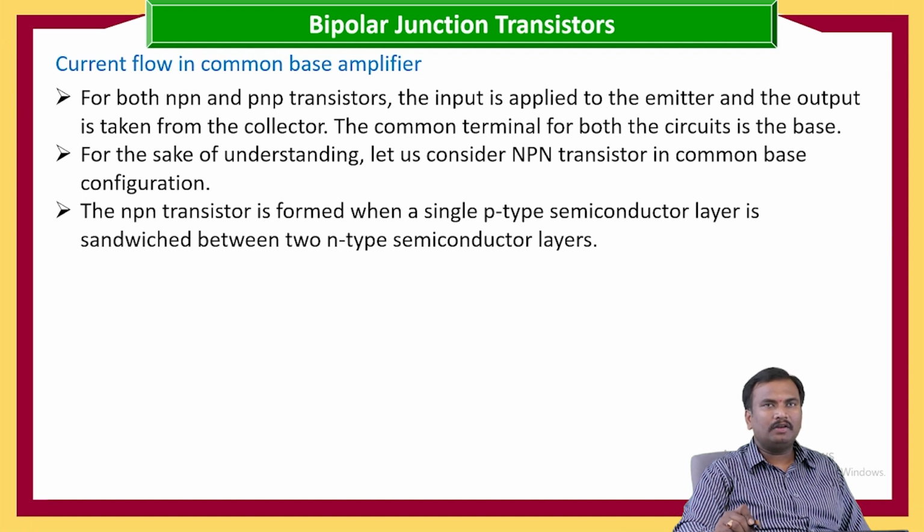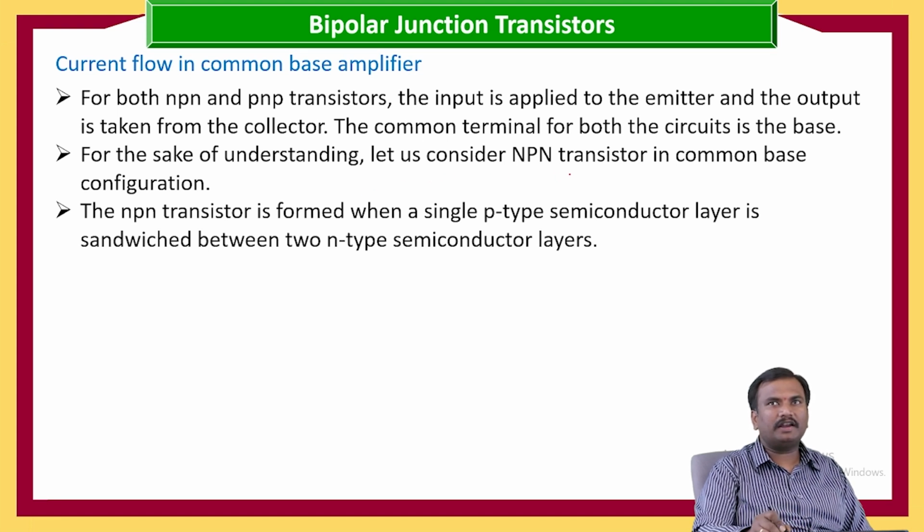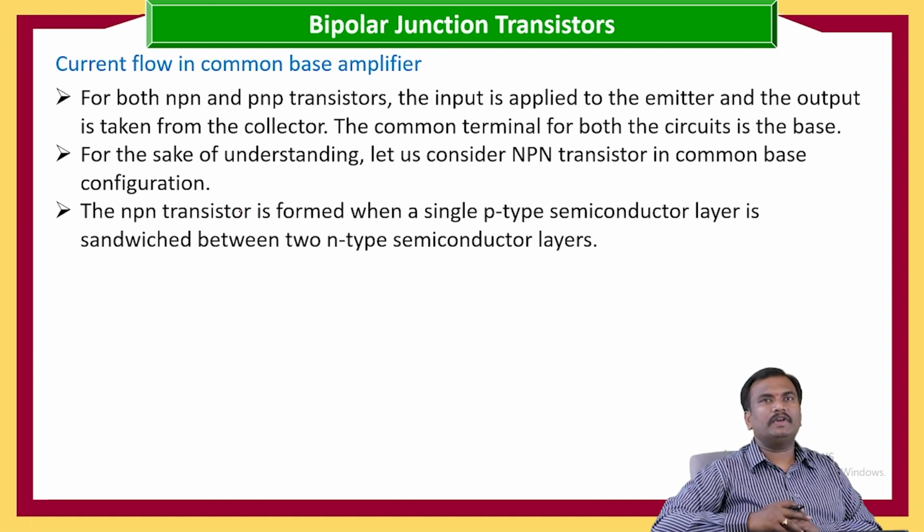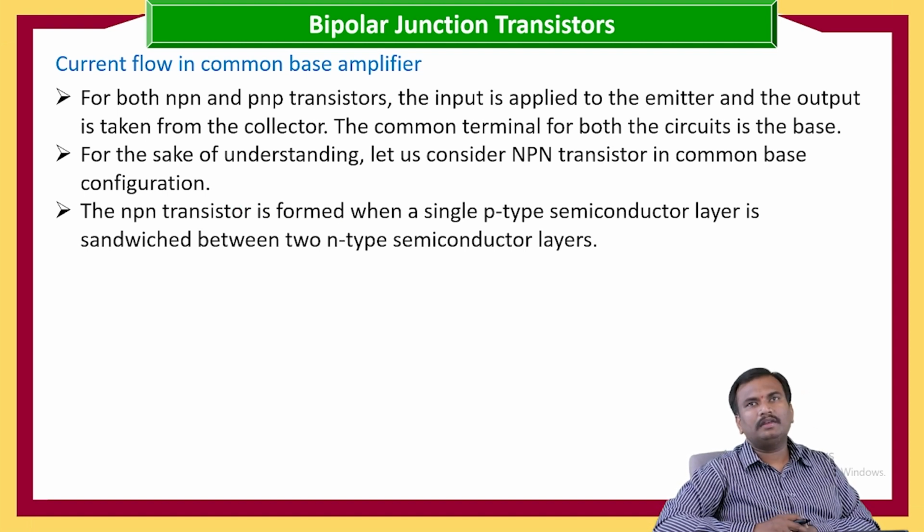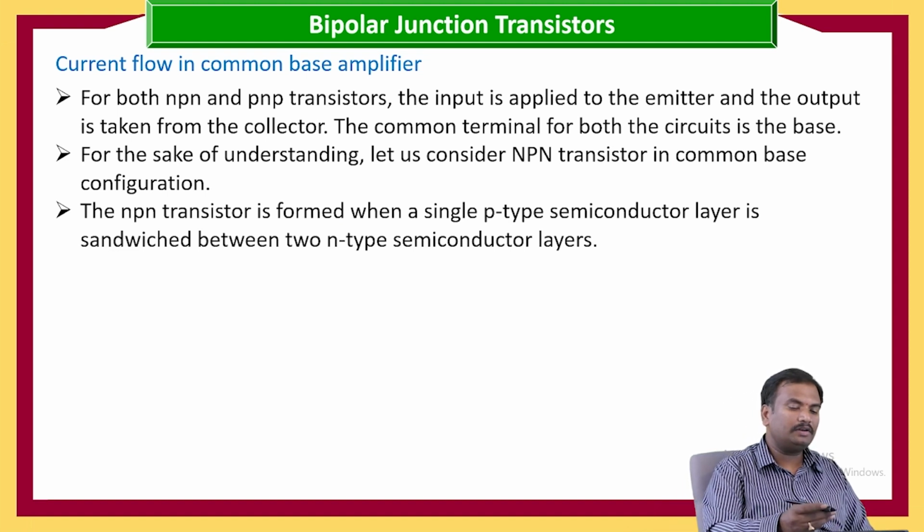base. For the sake of understanding, let us consider the NPN transistor in the common base configuration. So in order to get a clear idea, we are taking only the NPN transistor in this common base configuration.